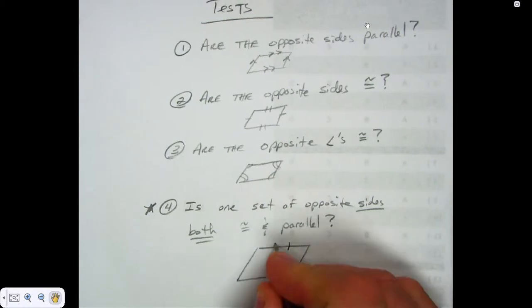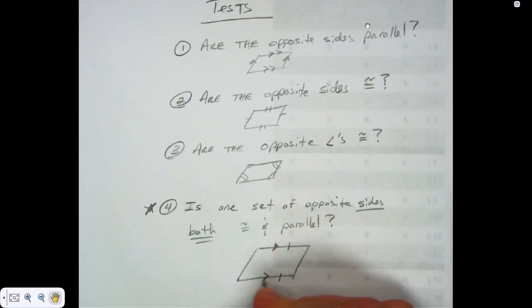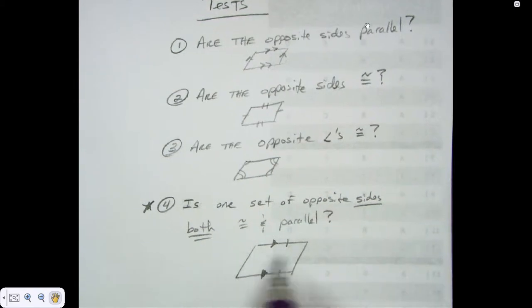Congruent and what? Parallel. So that's what that would look like. Either this set, or you could, but you don't have to know anything about this set. Make sense? See why that's different? It's just one set, but it is also two things about that one set. So it seems like there's always two things we have to know. We can say that's a parallelogram.